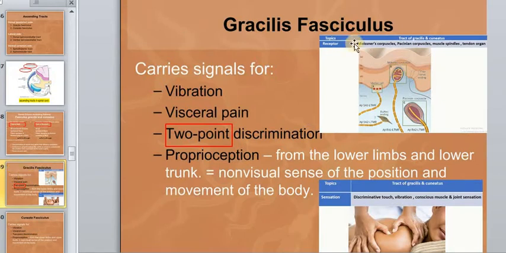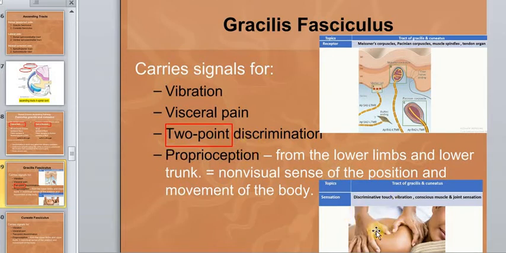Here we can see this photo, very similar, and here are the actual neurons of these tracts all the way to the thalamus, and you see carrier signals from different organs in the skin, and 2-point discrimination.